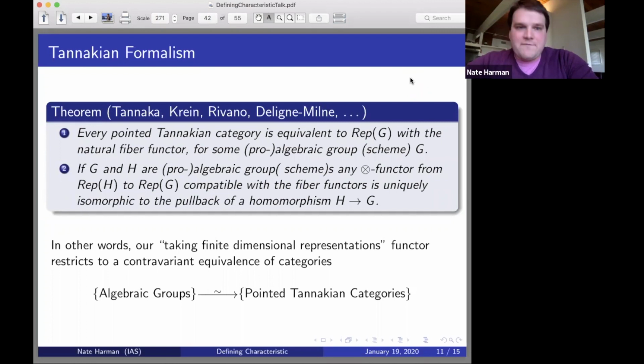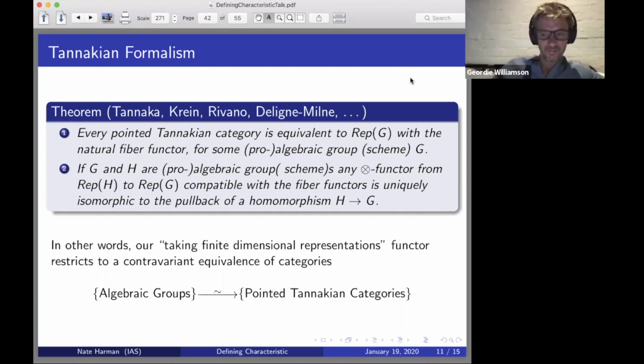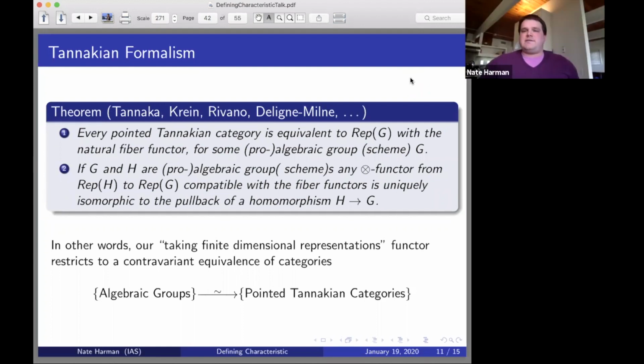So I have a manifold. I can talk about flat vector bundles on my manifold, and this is a nice category. I have tensor products and duals and everything. But then choosing a fiber functor is like choosing a base point. And once I choose a base point on my manifold, I can identify this category of vector bundles with a flat connection as being representations of the fundamental group.